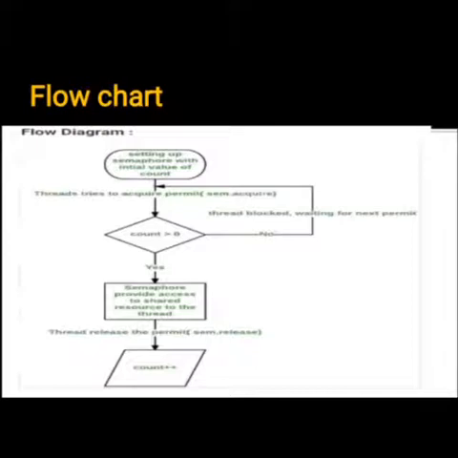The one who has the bike key will get the chance to use it. And when this person gives the key to the second person, then only the second person can use the bike. In this example, semaphore is just like this key, and the bike is the shared resource. And the two persons are the two processes or two threads or two tasks.